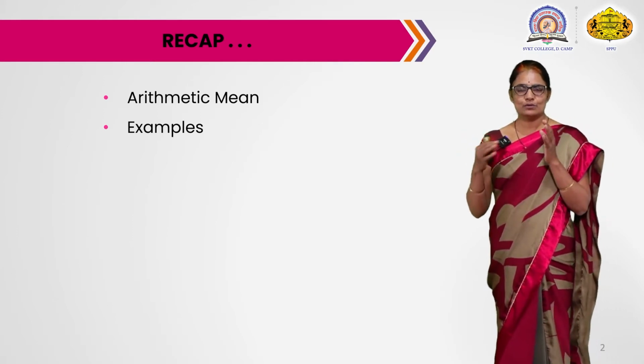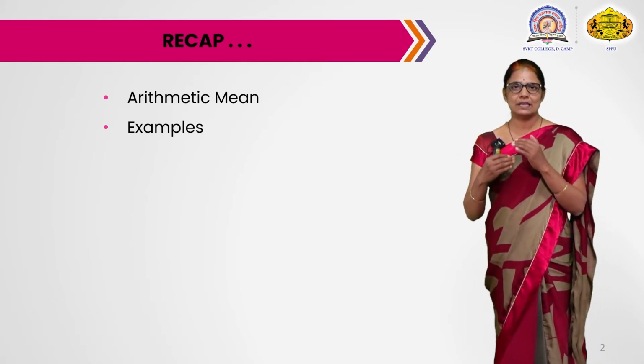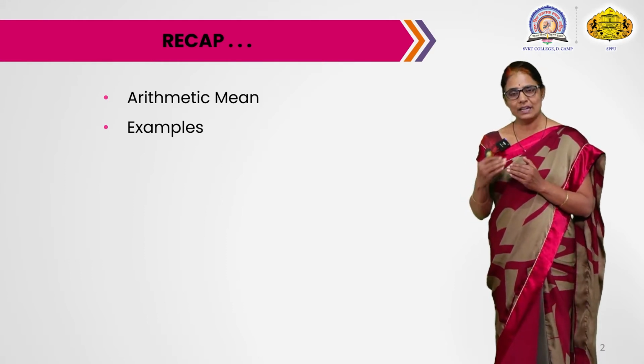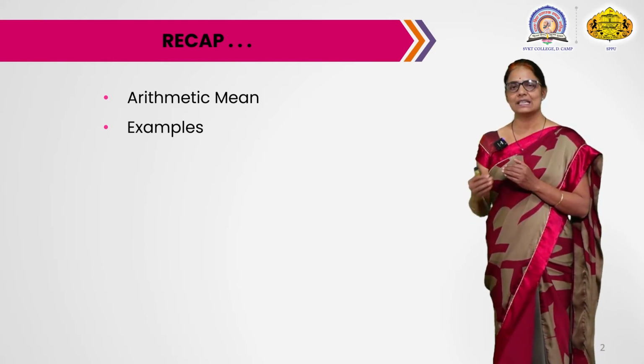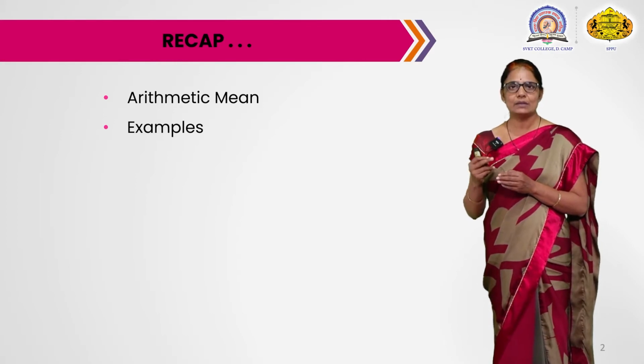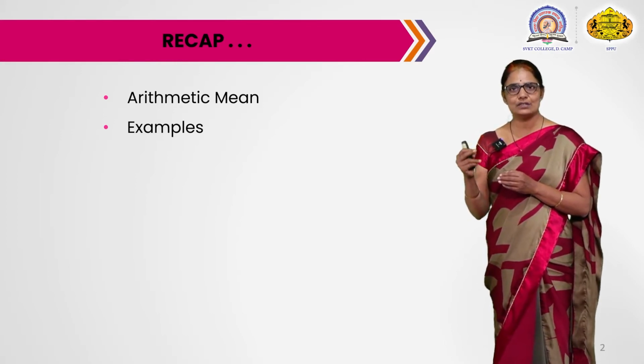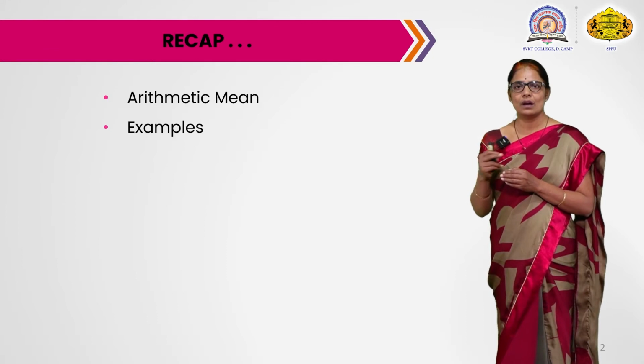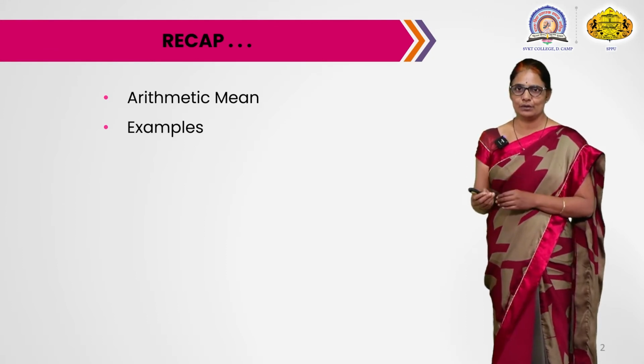If we combine these two groups together, then the arithmetic mean of the combined group is given by x1 bar into n1 plus x2 bar into n2 upon n1 plus n2.